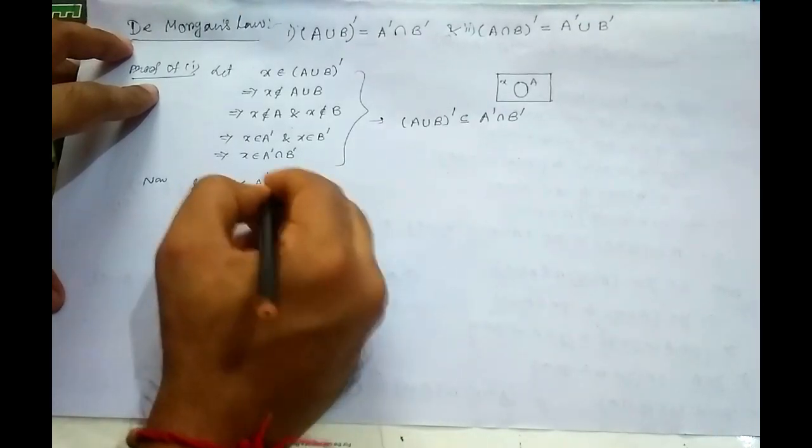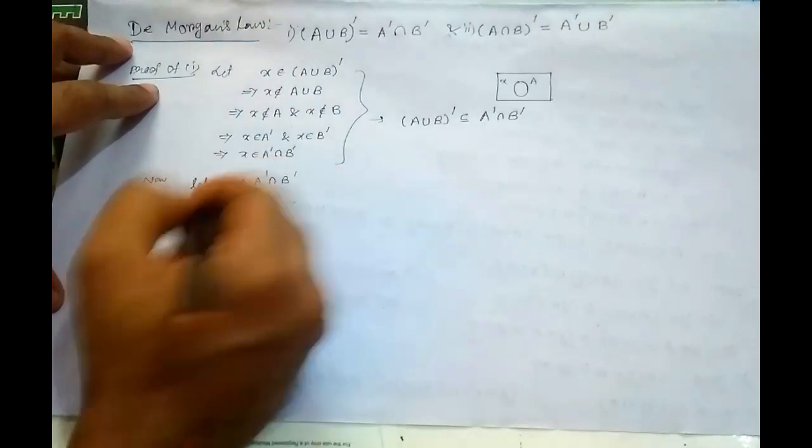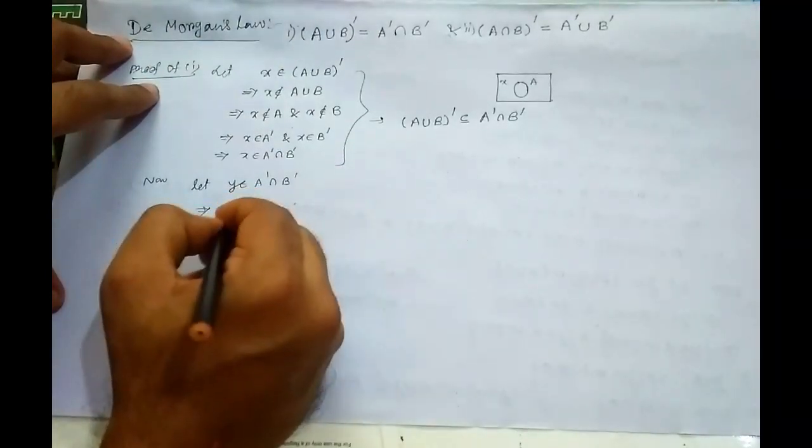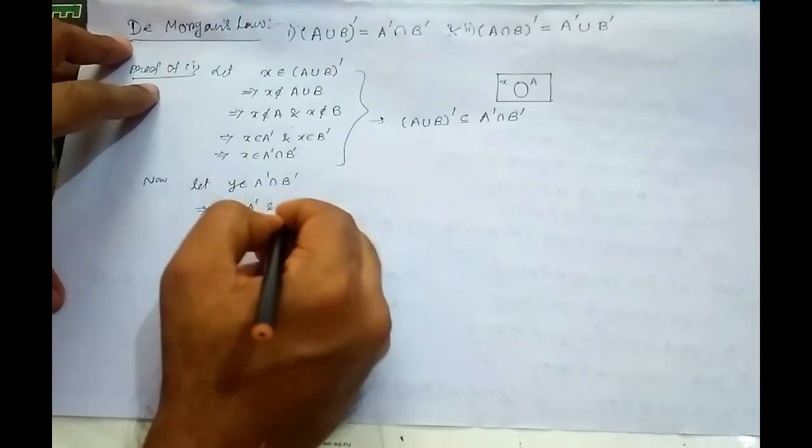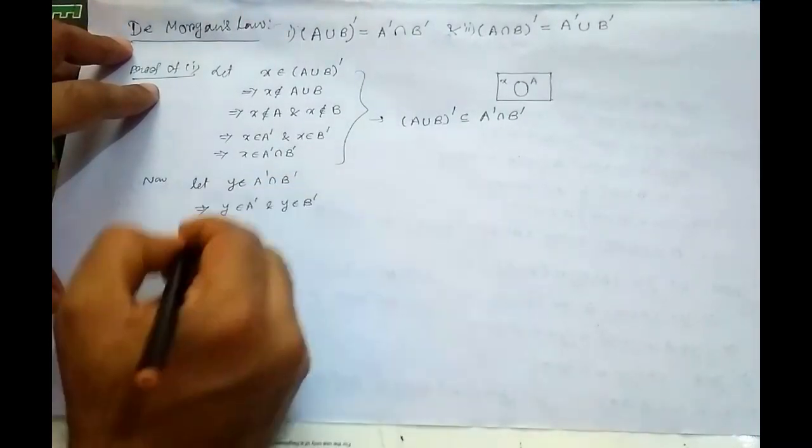Okay, now let Y belong to A complement intersection B complement. Now this implies Y belongs to A complement and Y belongs to B complement.